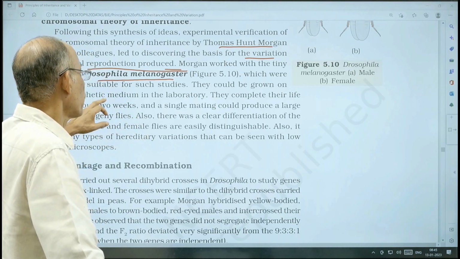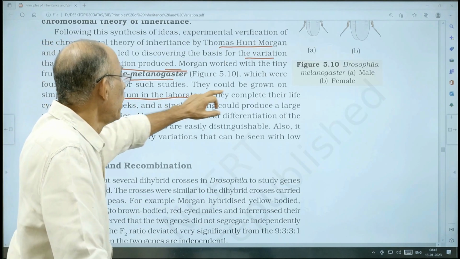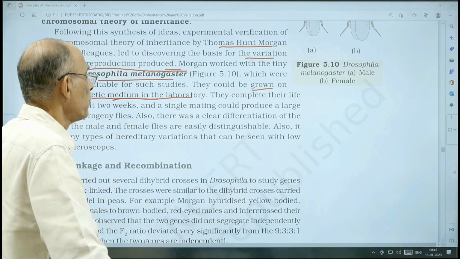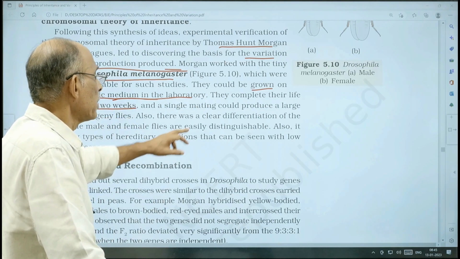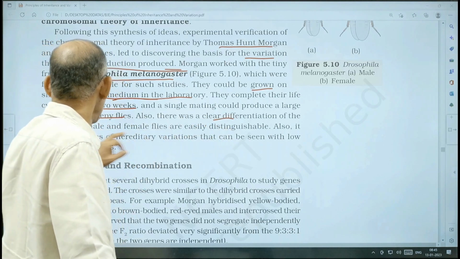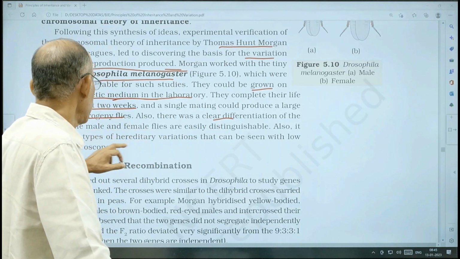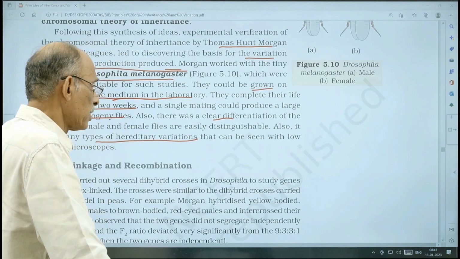There are three or four reasons he selected it. It can be grown in a simple synthetic medium. They complete their life cycle within two weeks. A single mating produces a large number of progeny, there is clear differentiation of sexes, and easily detectable hereditary variations are present.